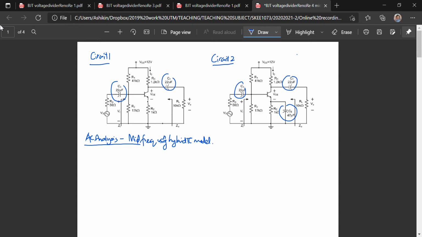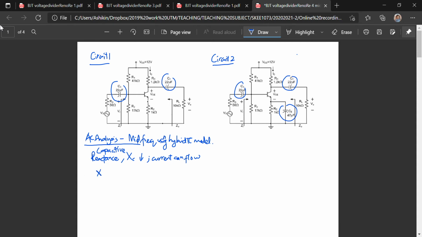What happens to the capacitor is that the capacitive reactance, which we label as XC, will decrease, so the current can flow. This is just a simple note.